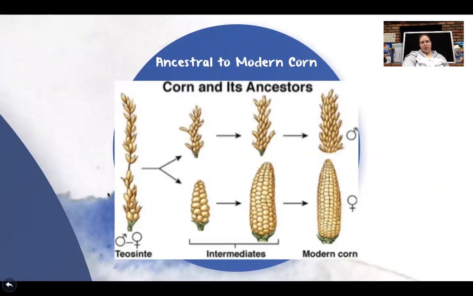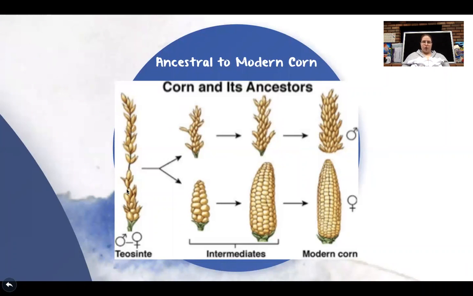And the reason why we went from this to this is because this one, the modern one, provides us with more food sources. So we can actually eat it. We can eat it ourselves. We can provide it to livestock for food. But this is more edible, and there's a lot more kernels, as you can see, than there are here.